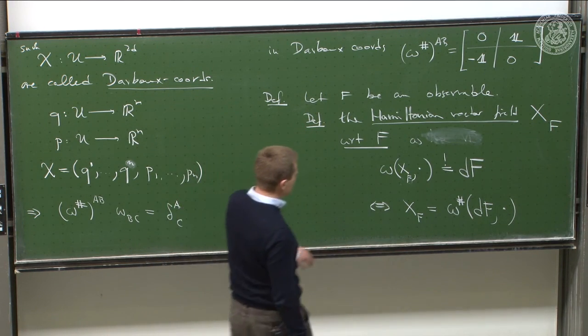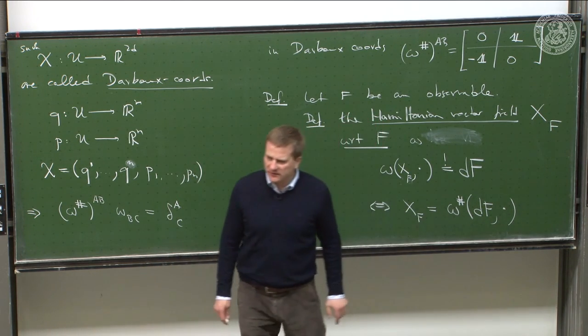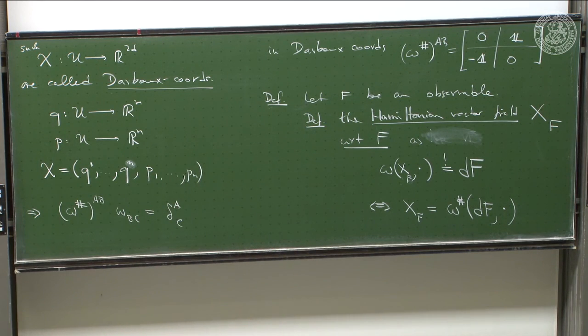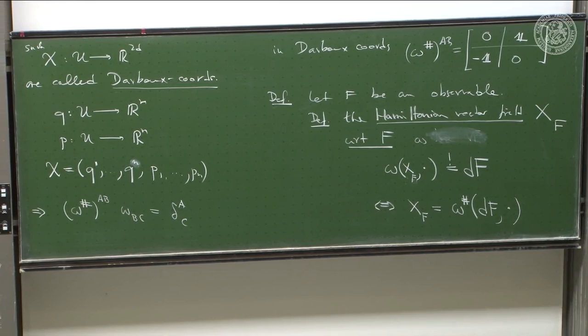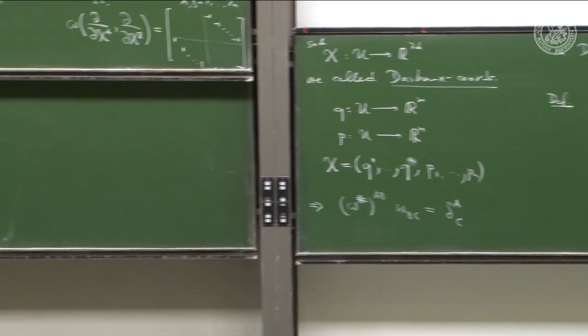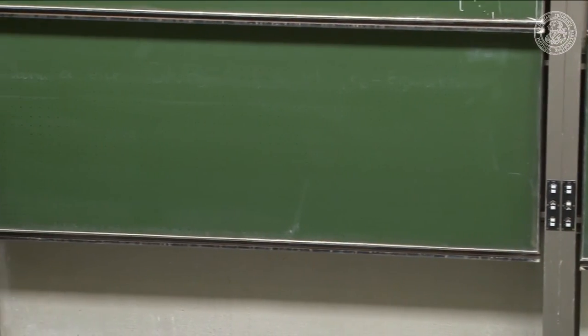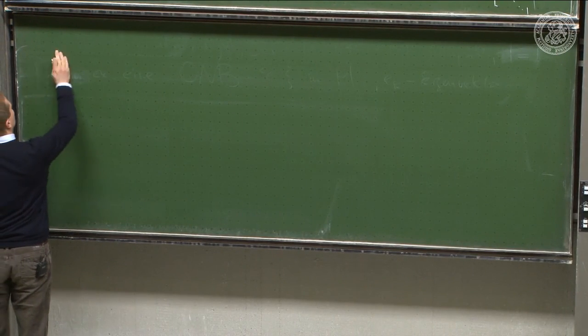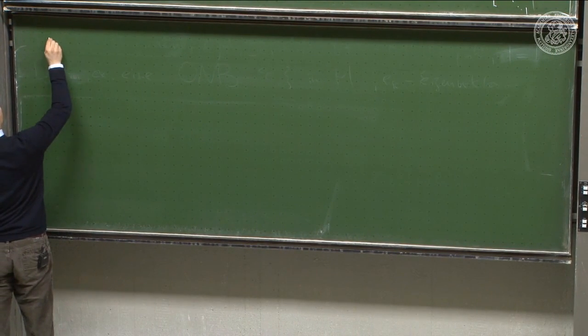And so this X_F is the Hamiltonian vector field associated with the observable. Now this is an excessively geometric concept, so we'll draw a picture.